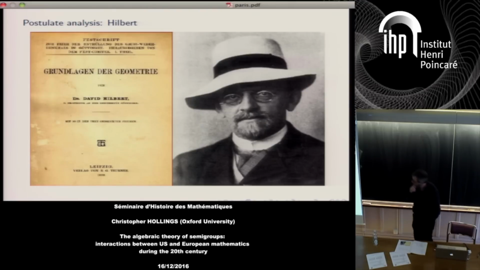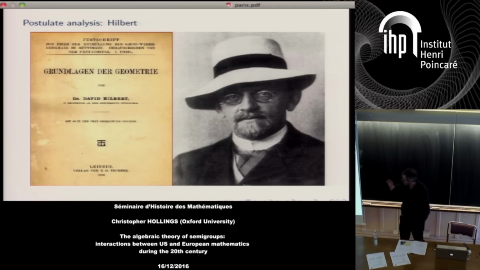But it comes from this source, essentially, from David Hilbert's axiomatization of geometry. So, of course, as you know, at the end of the 19th century, there's quite a significant German influence on American mathematics. A lot of US mathematicians had been to Germany to take PhDs, so we saw that with Virgil Snyder.